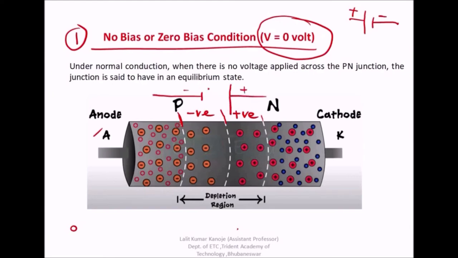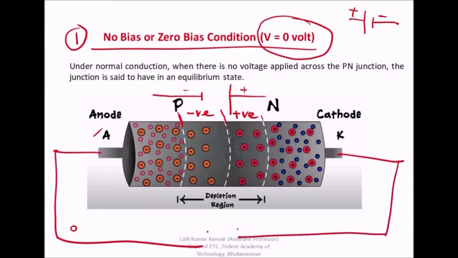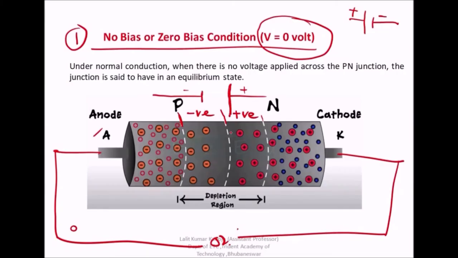What is the voltage of this battery? When you do not supply any external voltage, 0 volt, then only a small amount of voltage can be seen in the middle, in this depletion region. This is negative and this is positive.